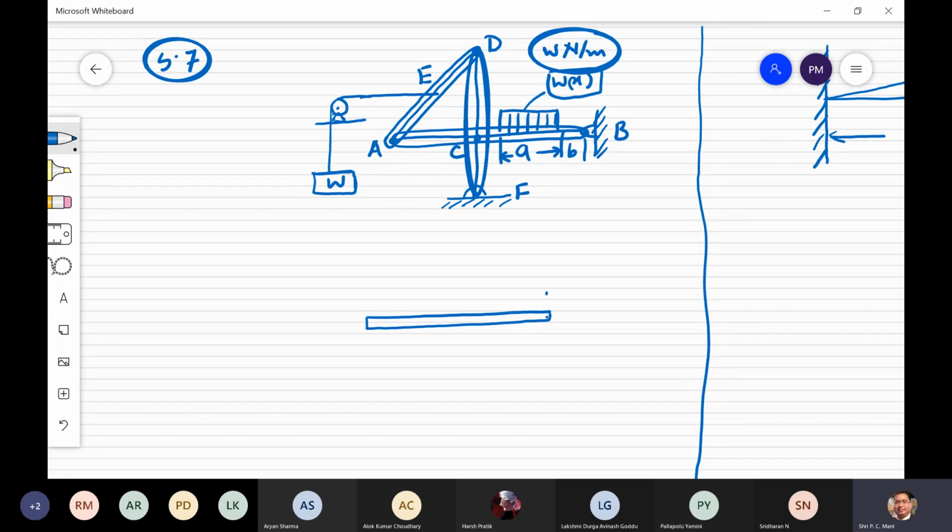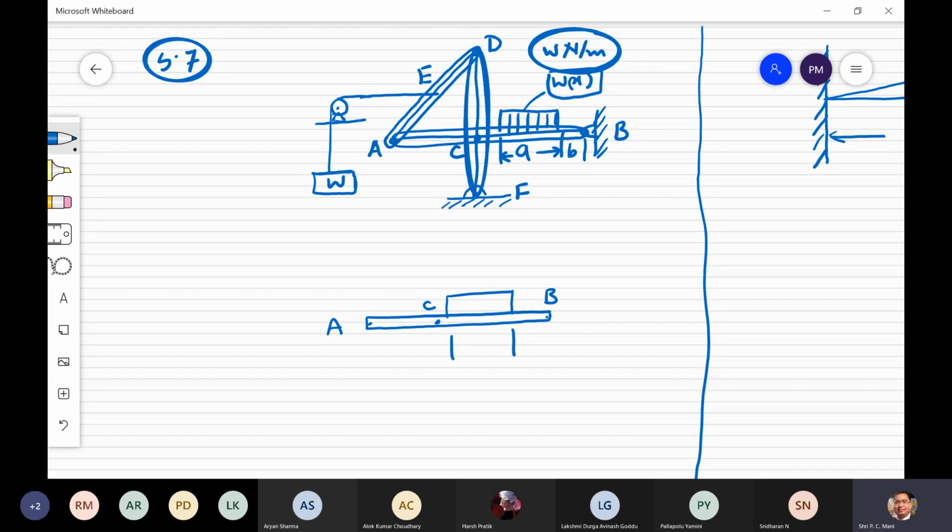This is B, and this one is A. Anywhere here is C, and from B at a distance a, this is the uniformly distributed load. So you have to convert this.